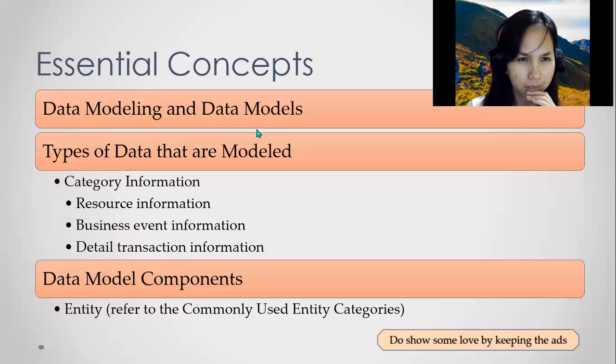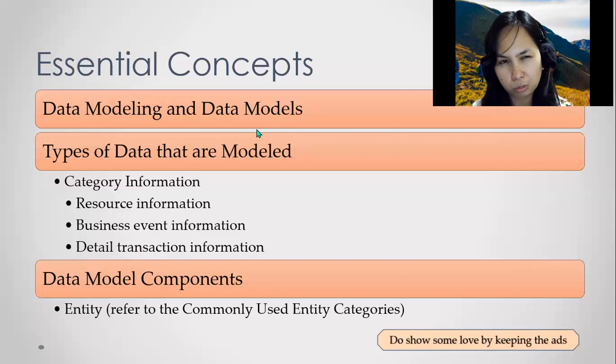Now, let's start looking at the different data model components. I'm pretty sure we won't be able to cover everything on data model components. We'll be able to touch on entities, and that's all there is to it.